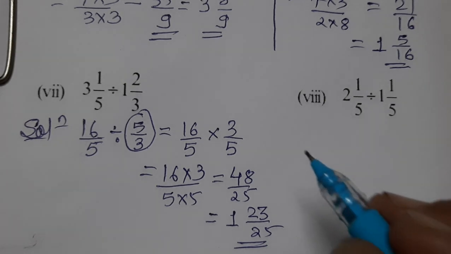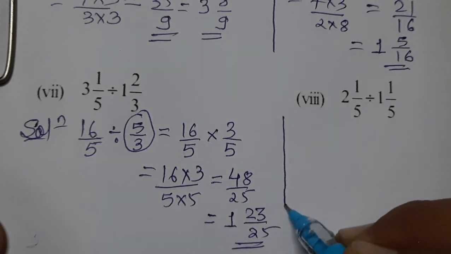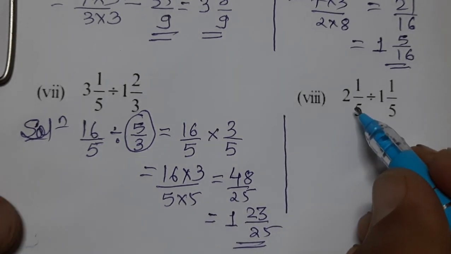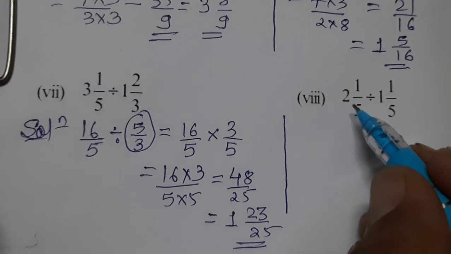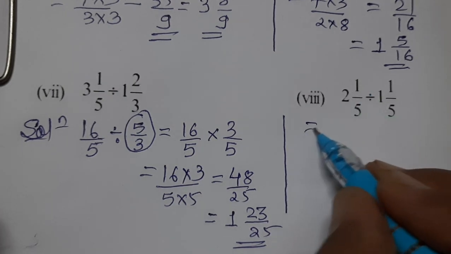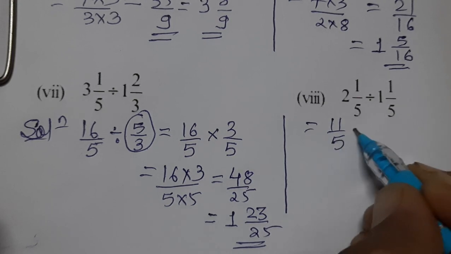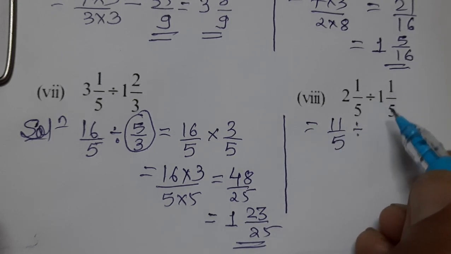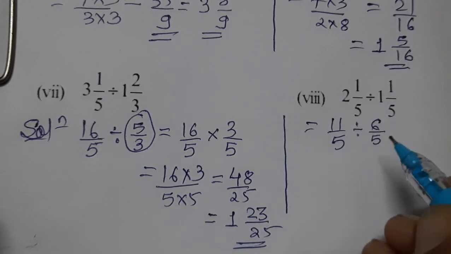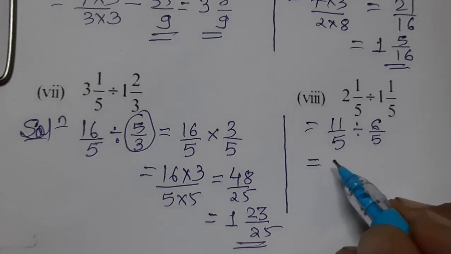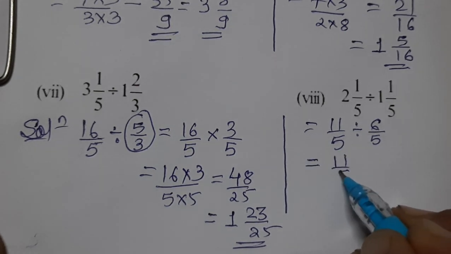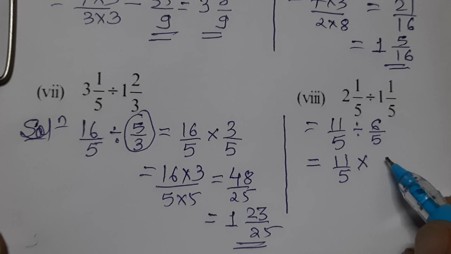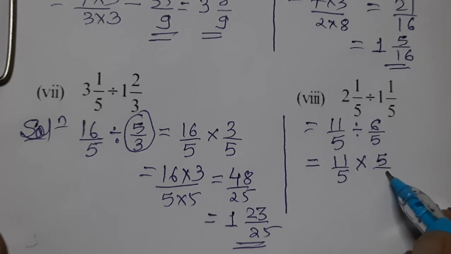Now see the last question. Again mixed fraction to improper. 5 2s are 10 plus 1, 11. 5 1s are 5 plus 1, 6 by 5. Convert division to multiplication and take reciprocal of right hand side always.